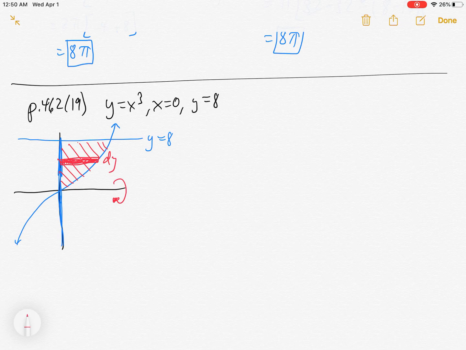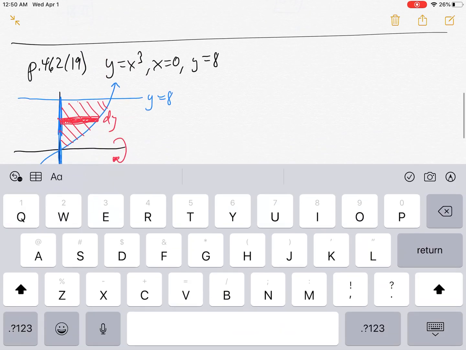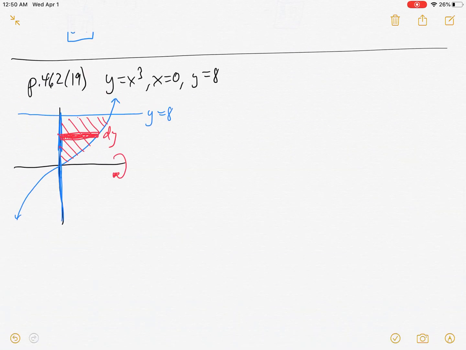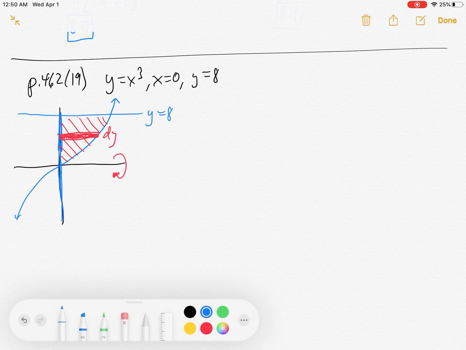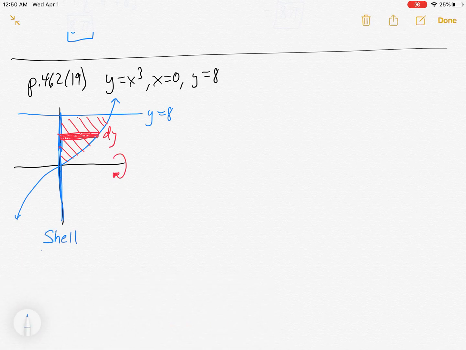Okay, sketch, arrow, rectangle, differential. So let's do shell. Shell starts with 2 pi. Bounds 0 to 8. I'm still giving you a little pause for that.